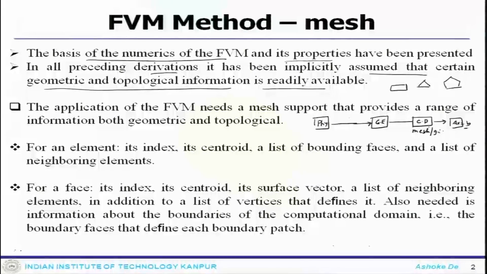So, so far we have talked about the physical problem, and how to transform the physical problem using the numerical methods to a set of linear systems.